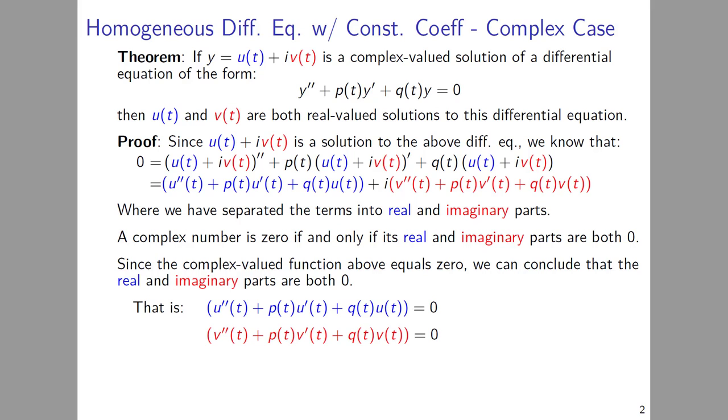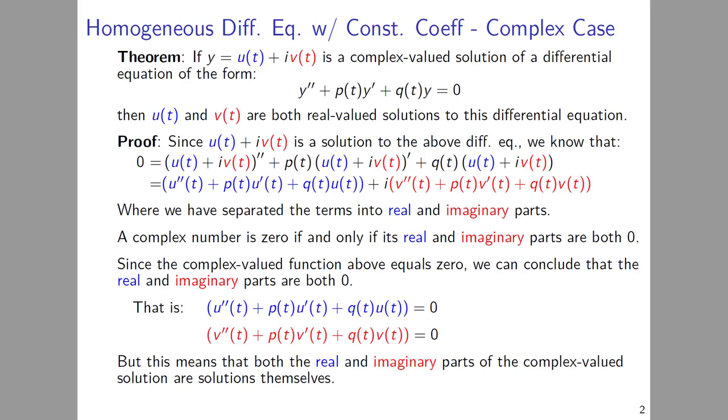But these two statements mean, by definition, that u and v are both solutions to the differential equation. So we can conclude that both the real and imaginary parts of the complex valued solution are solutions themselves.